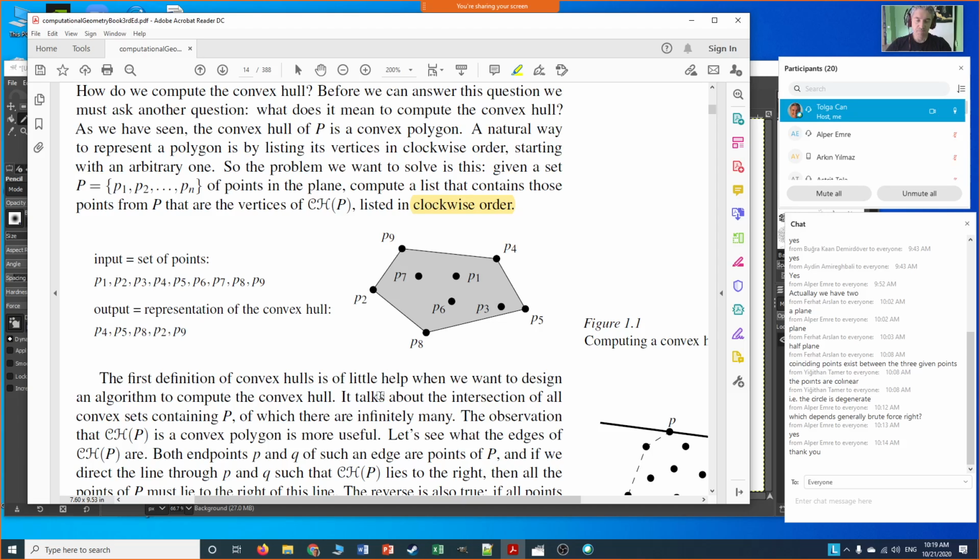Now, before thinking about degenerate cases, for example, one degeneracy may be, what if there are collinear points? For example, when we have P4, another P10 here, and P9, this P10 is not going to be part of the convex hull as defined, because P10 is no different than P7 here.